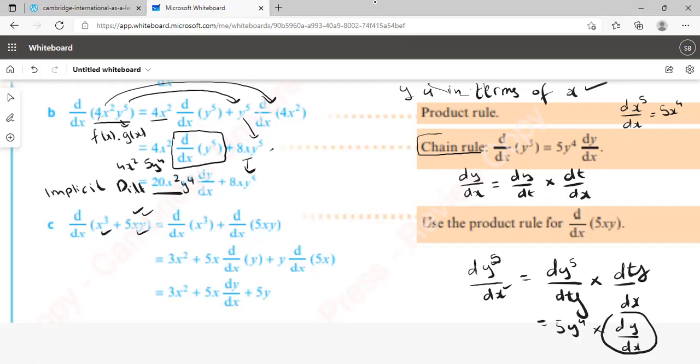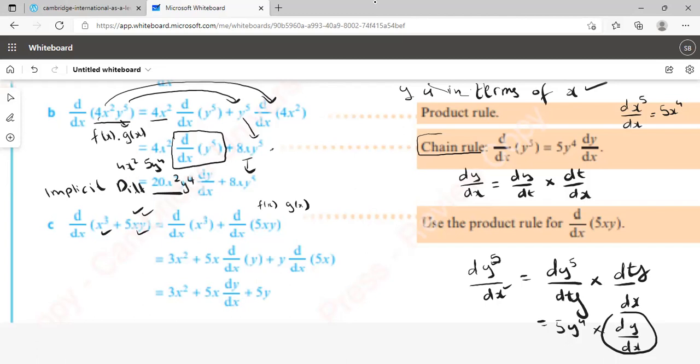This is what they have written. Derivative of x cube plus derivative of this thing. Derivative of x cube is 3x squared and derivative of this function. Now again, x is f of x and y is g of x. Okay, I've already told you that y is a function of x.